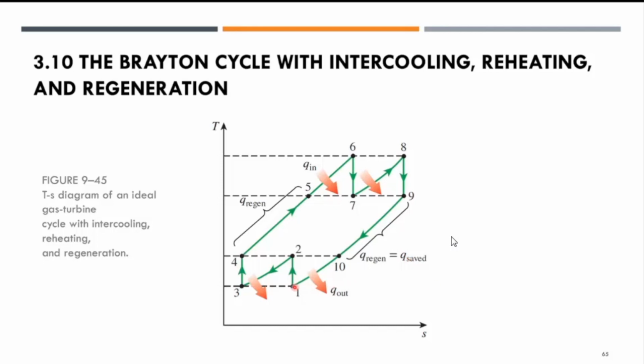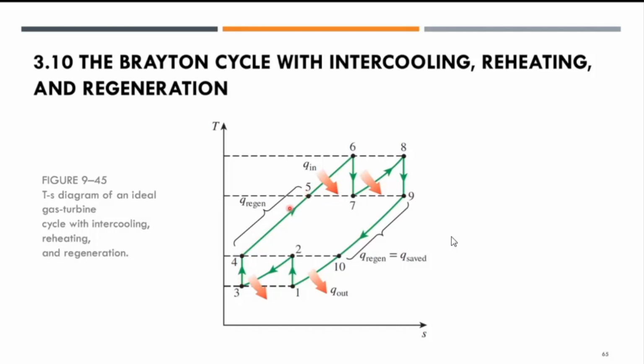Again, the T-S diagram is also more complicated. Instead of a simple one-cycle diagram, the air is heated many times. From the compressor, 1 to 2, we have the intercooler, where heat is expelled, and the temperature is raised again from 3 to 4 before it goes to the regenerator.